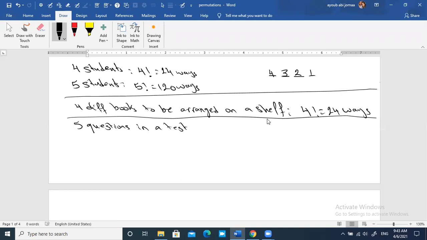I could put derivative first, then limit, then graph, counting, integral, or counting first, then graph, integral, limit, derivative. How can we arrange these five questions? The same idea: 5 factorial, 120 ways.